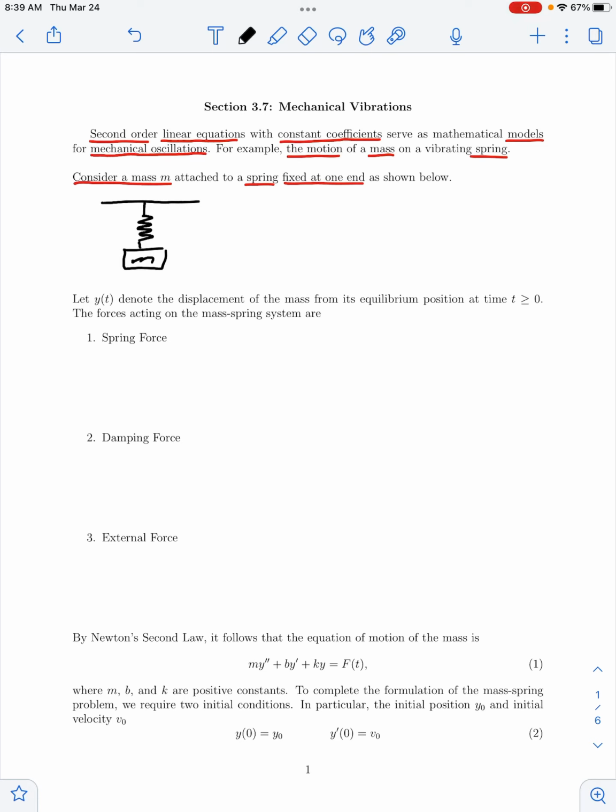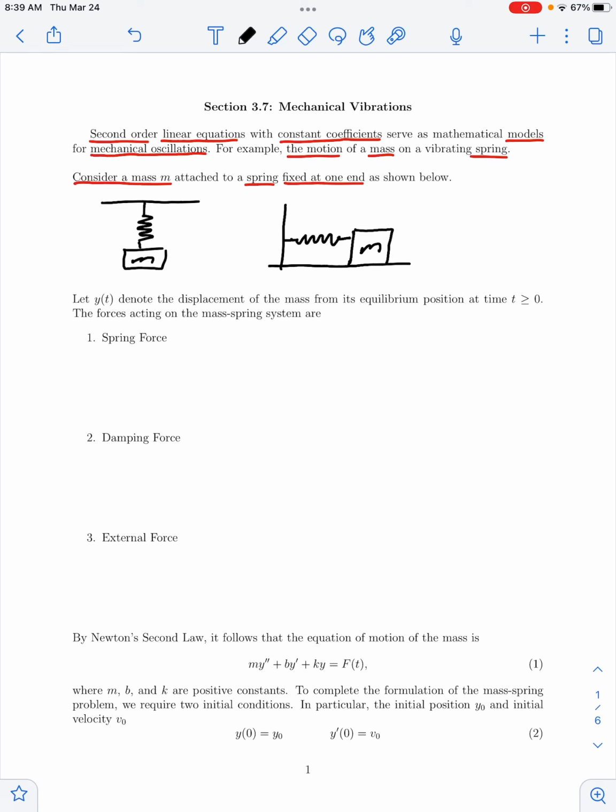Or another way that this is sometimes visualized would be with a horizontal mount, where we have a spring attached at one end, and on the other end of this spring we have some mass M. And we're interested in modeling the motion of this mass attached to a spring if it's set in motion.